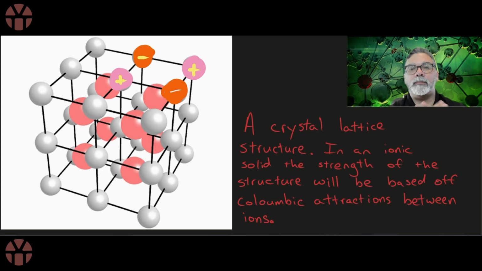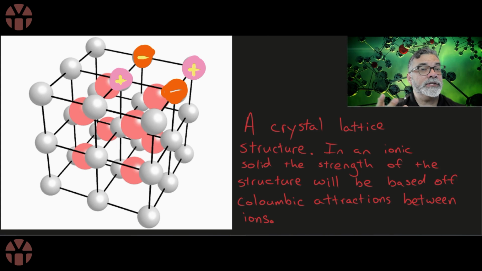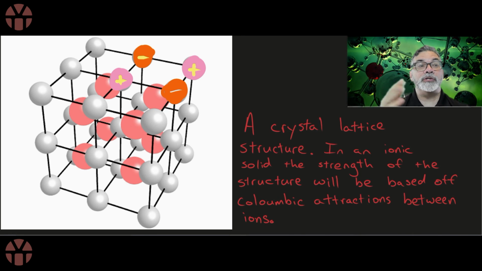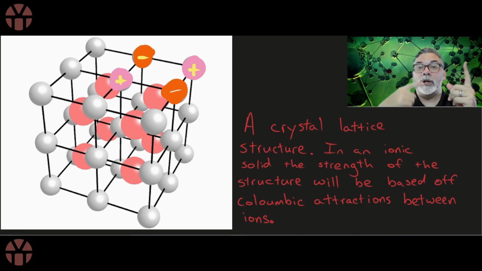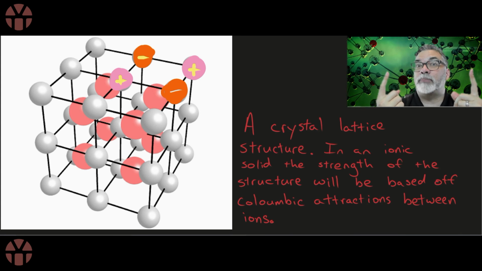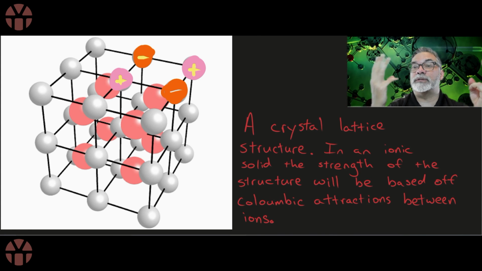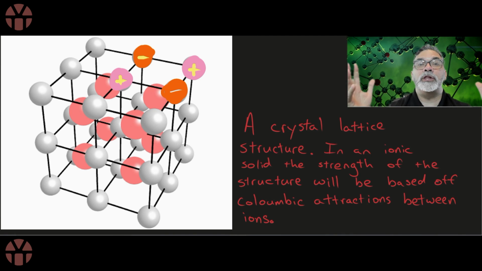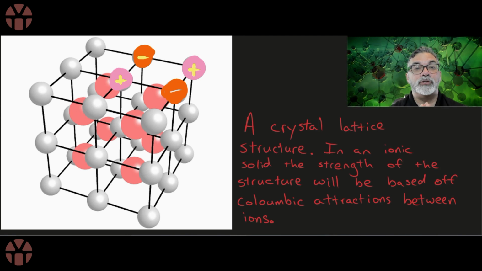So what happened in that scenario? In that scenario, the greater the differential in the charge, in other words, if I was +1 versus -1, as opposed to +3 versus -3, right? The greater the differential, the greater the attraction of the charges.